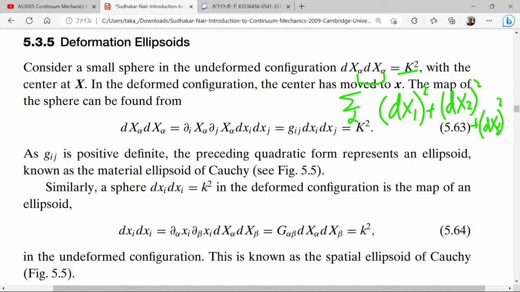In the deformed configuration, the center has moved to small x.